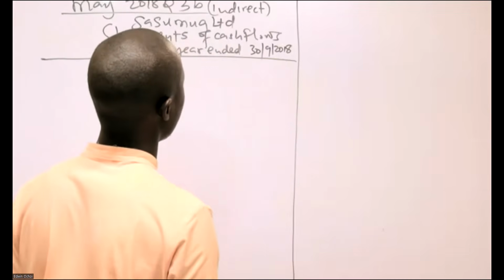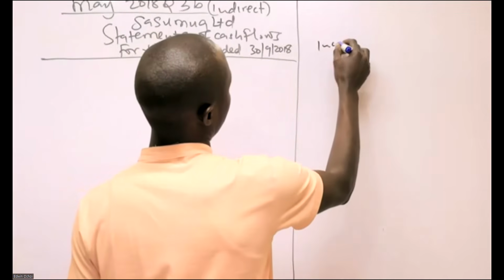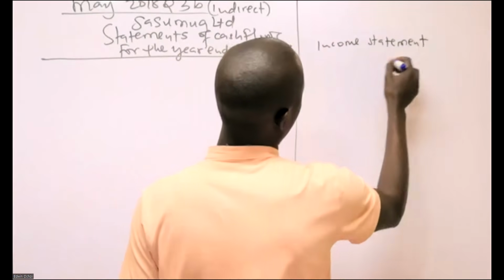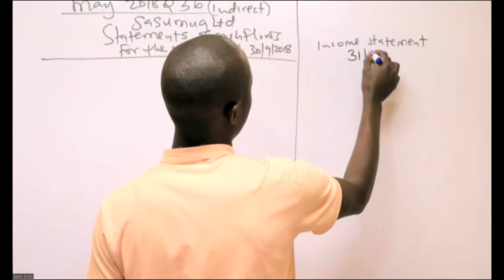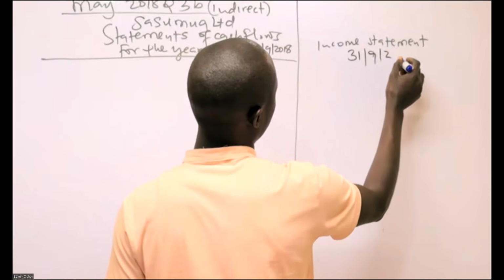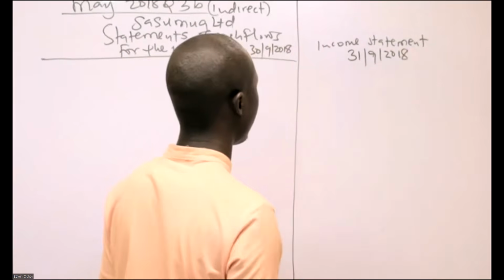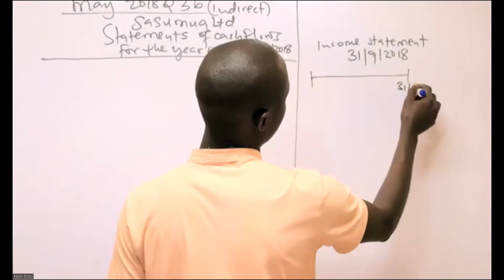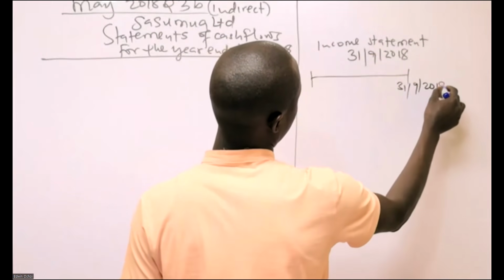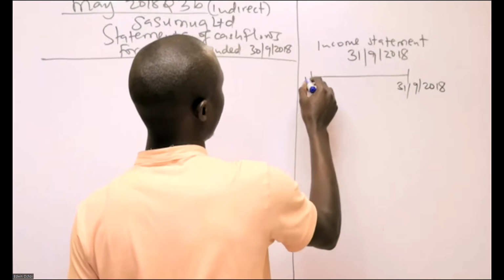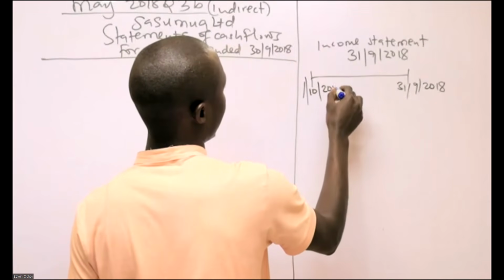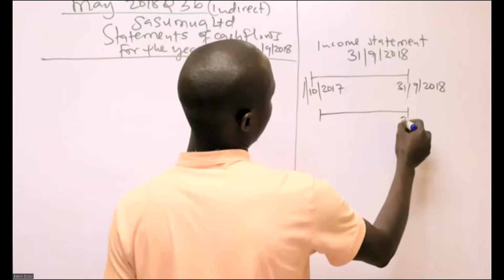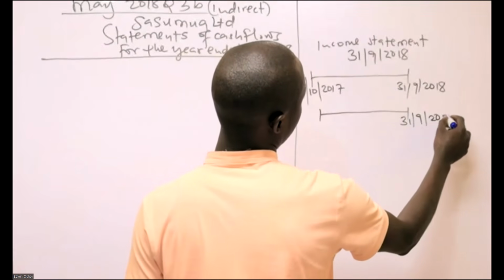So remember that for the income statement provided there, you are given the one as of 30th September 2018. For the statement of financial position, you have that of the year ending 30th September 2018, and you have that one of the year ending 30th September 2017.